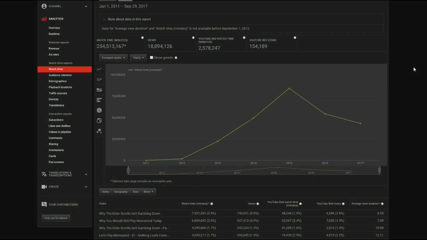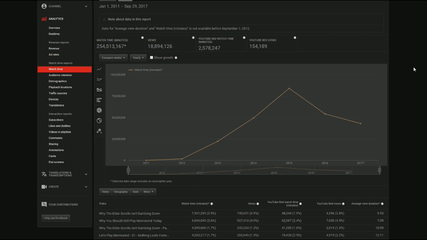The way it works is when I get my revenue report in every month, there's two subtitles. There's one from ads, and there's one from YouTube Red views. Basically, when someone with YouTube Red watches a video that's monetized, they don't watch the advert because that's part of the bonus of YouTube Red. You don't have to watch any adverts anymore.